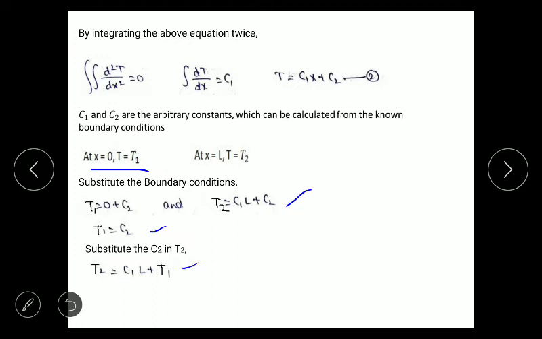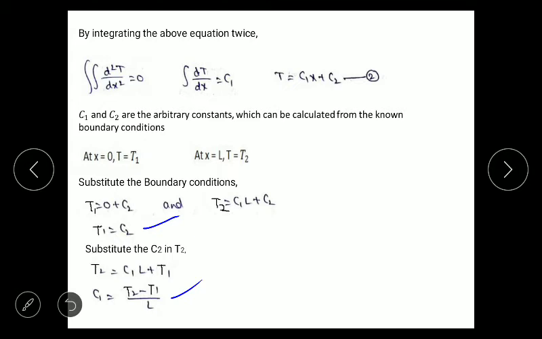Now from this equation write C1 as C1 equal to T2 minus T1 divided by L. Right? From this equation we obtain the value for C1. C1 equal to T2 minus T1 divided by L. Now we have C2 value, C1 value.